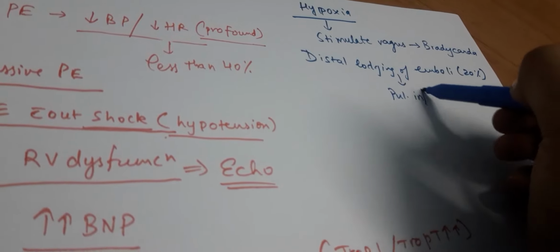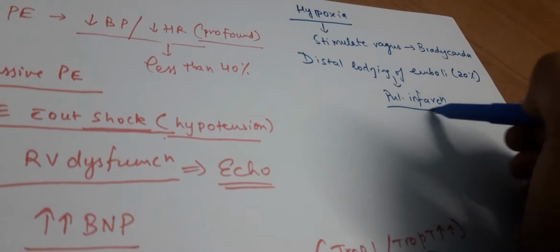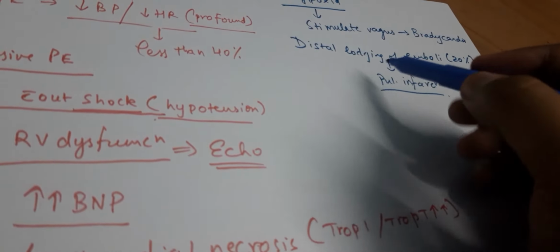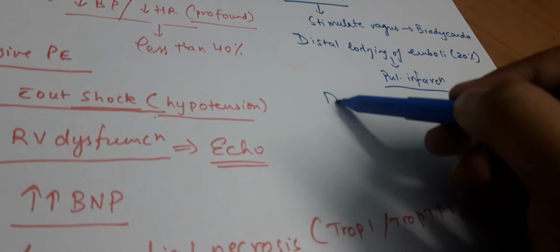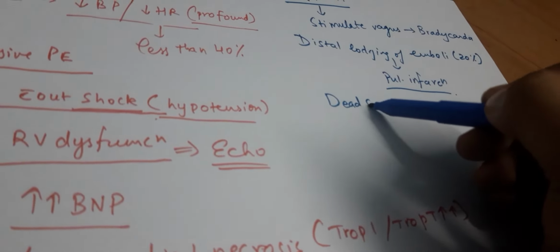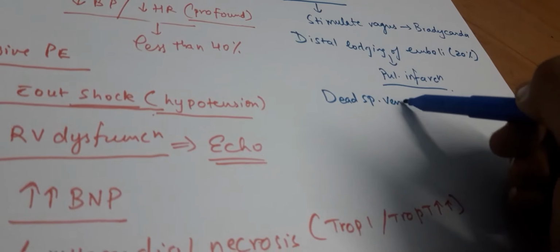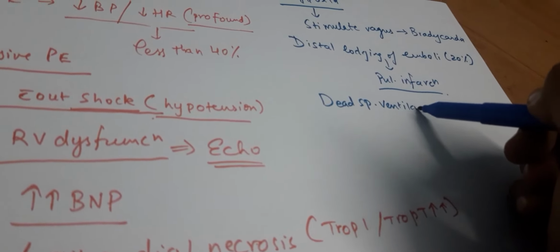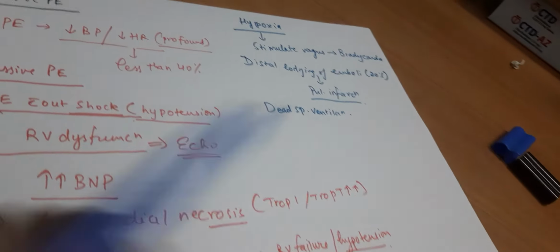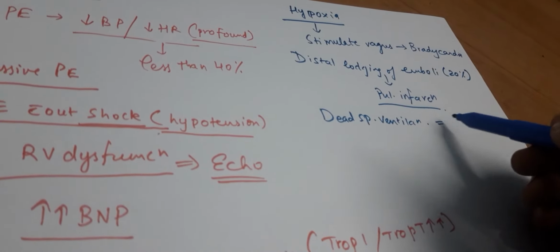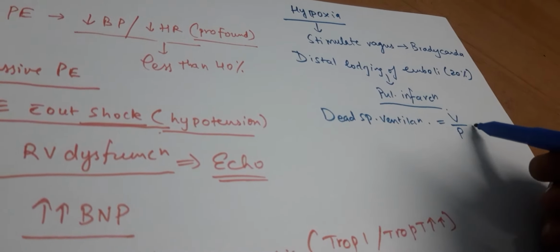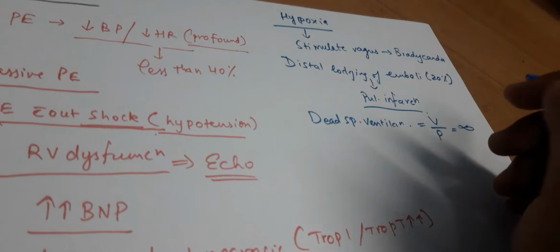This is pulmonary infarction. We also count dead space ventilation. We see the dead space ventilation, and this is V by Q, which is equal to infinity.